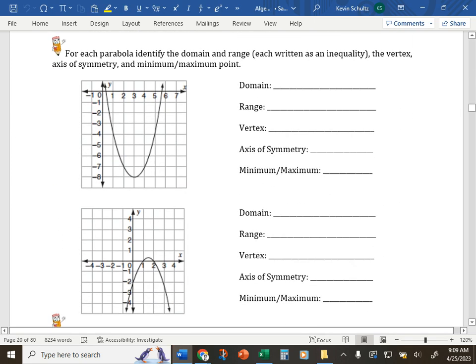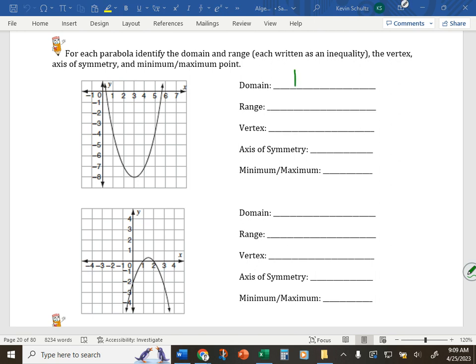Alright, for this one, domain, arrows on each end. What does that tell you about the domain? All real numbers. Take a look at where that vertex is on the y-axis. Describe the y values that are going to be included in this parabola.